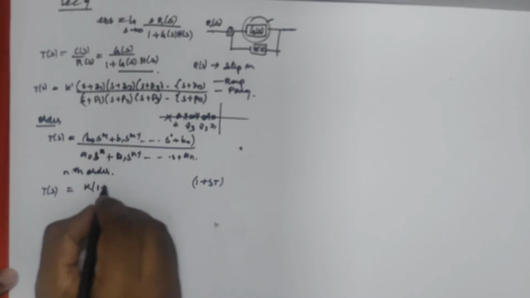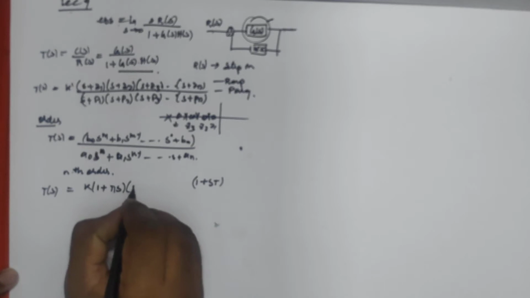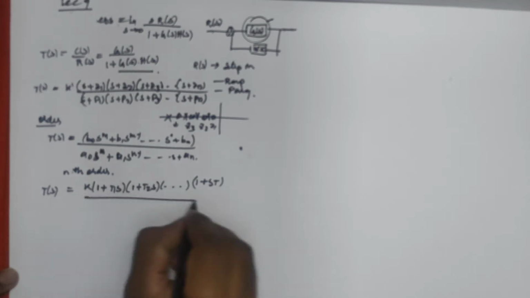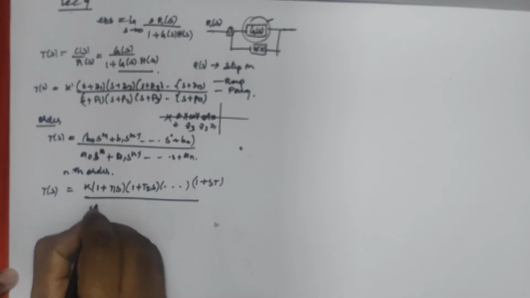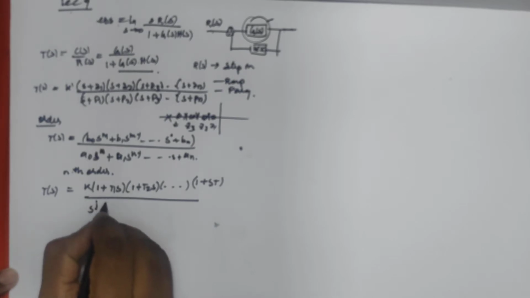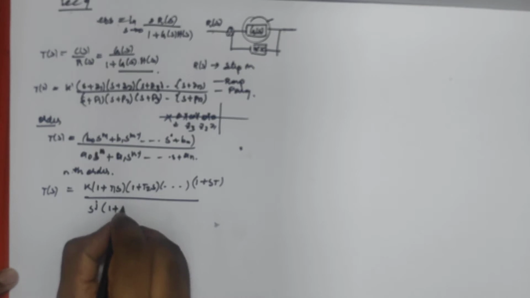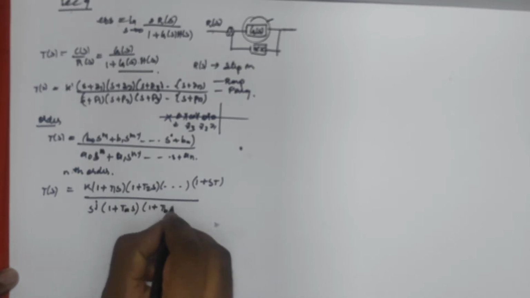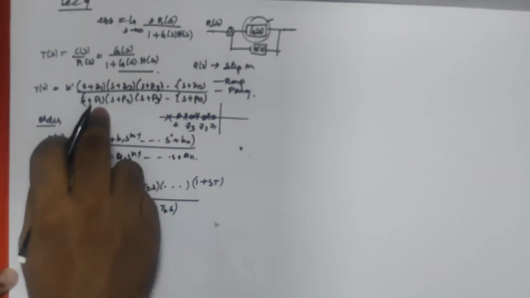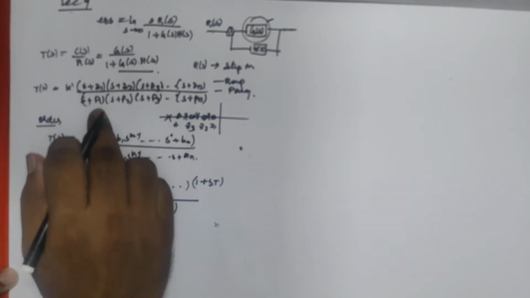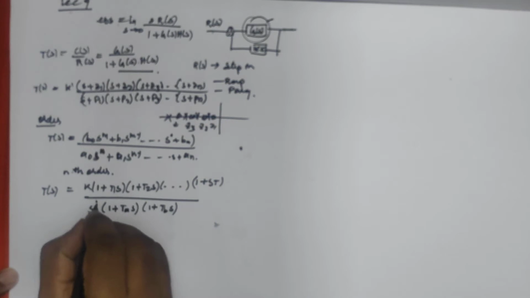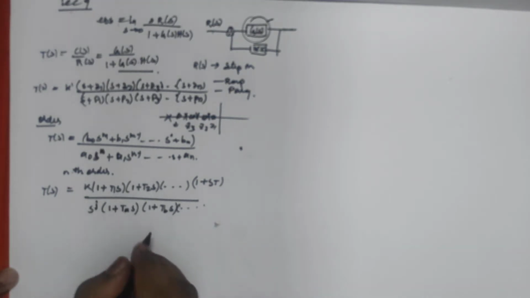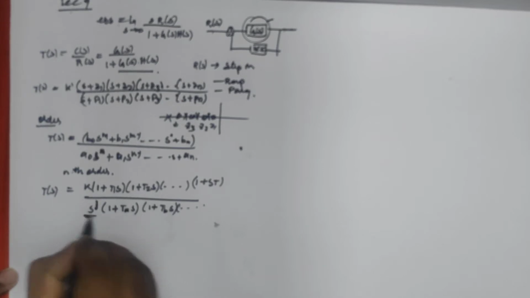This can be written as K by s power j into (1 plus T1 s)(1 plus T2 s) and so on, by (1 plus Ta s)(1 plus Tb s). I'm taking p as common, so I'm taking out p, z1 and so on. So what does this s power j indicate?